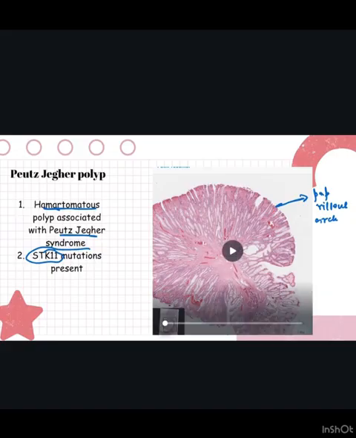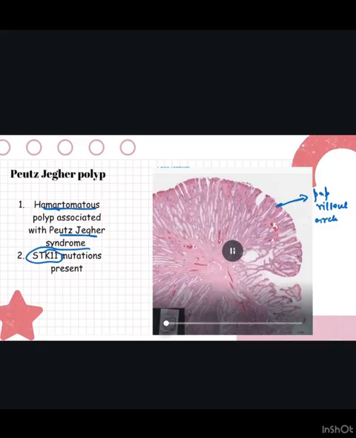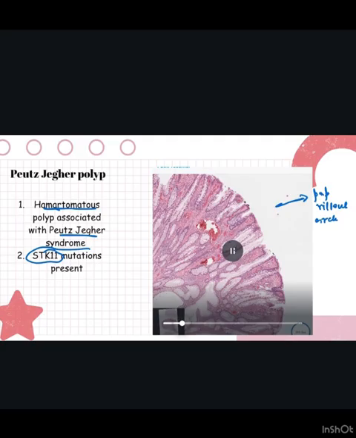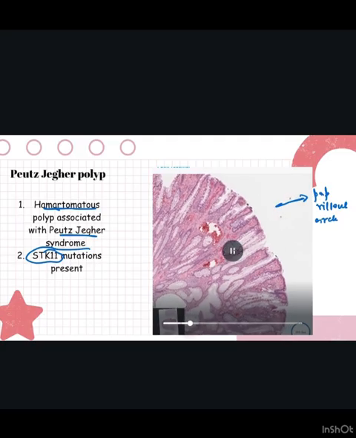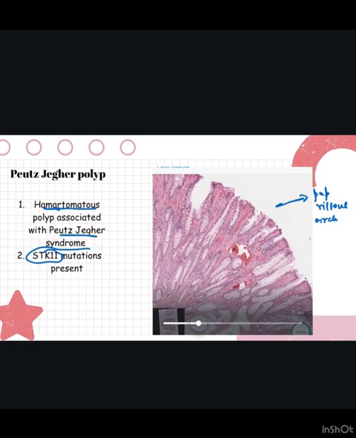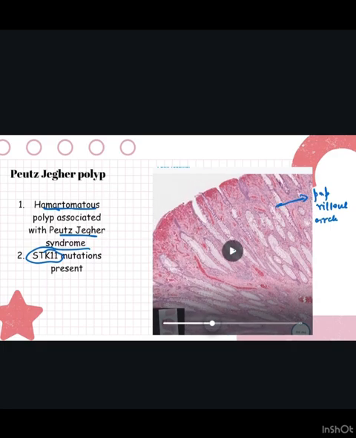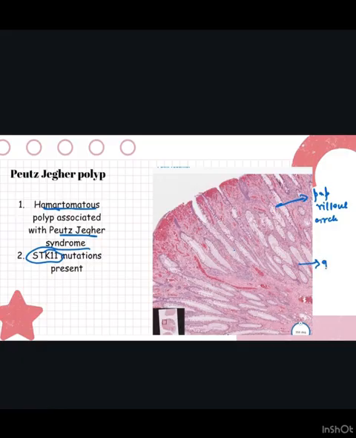As you go to the higher power, you can see that the epithelium is in a bland configuration. That means they have no atypia, and you can see here that all these glands appear dilated. So you have two very important features: one is glandular dilatation, and the epithelium does not show any cytological atypia.